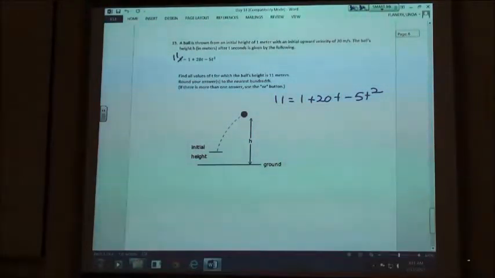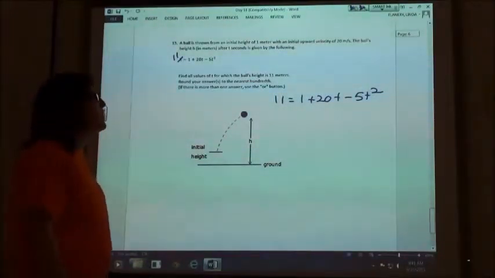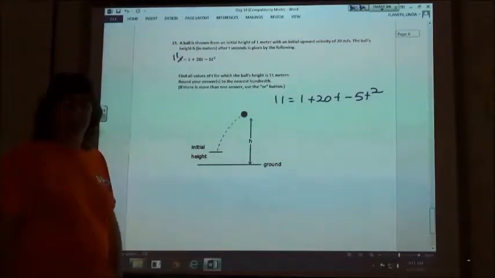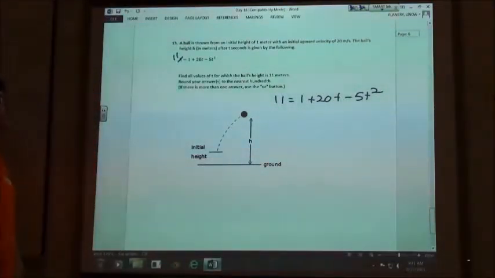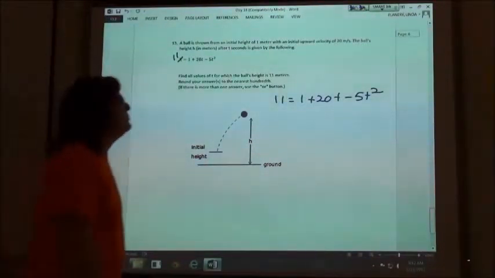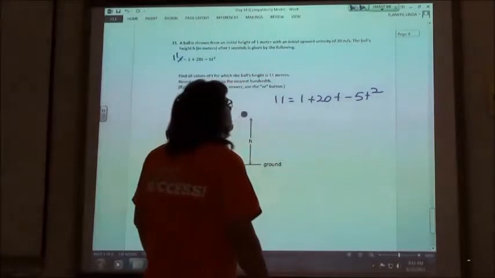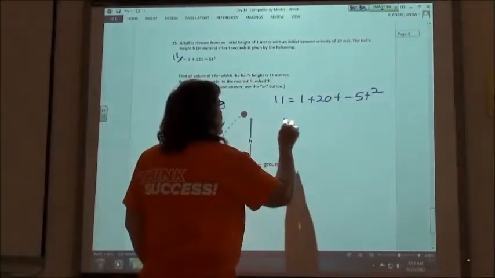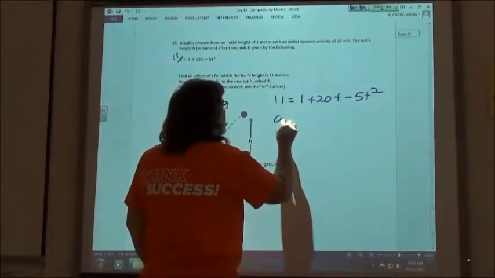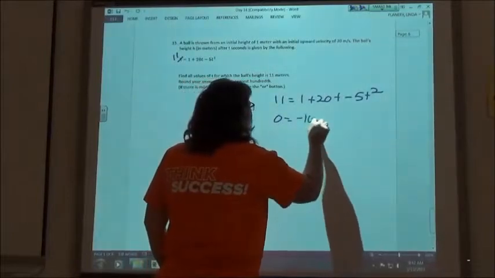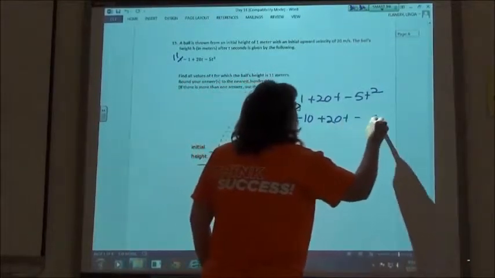So if you set that equal to 0, you're going to have what? Negative 10 plus 20t minus 5t squared. We can do it that way.